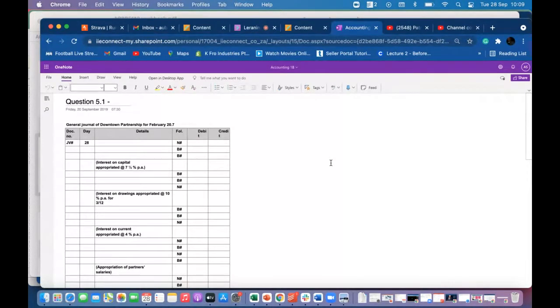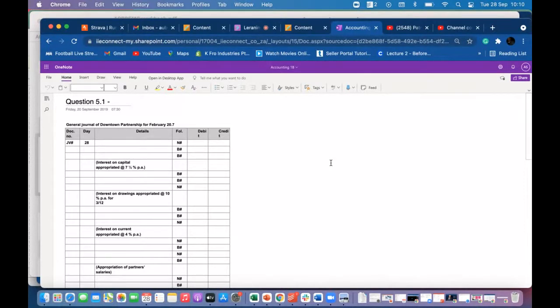So let's look at what's going on in that question. We go to the required. It says, show how the adjustments as per the partnership agreement will be reflected in the general ledger of Downtown Partnership. That bit we are going to look at in the answers. What I want us to do is to generalize the adjustments.